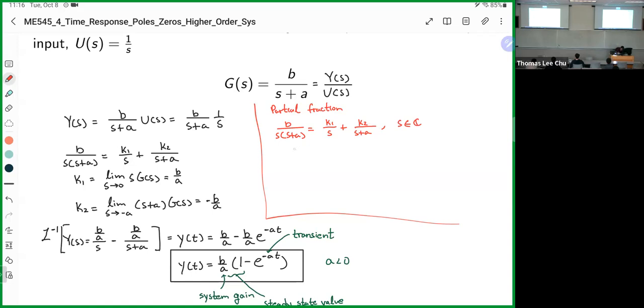If I multiply both sides by S, I'm saying B over S plus A is equal to K1 plus K2 S over S plus A. Would you say that the first equation and the second equation are still the same?